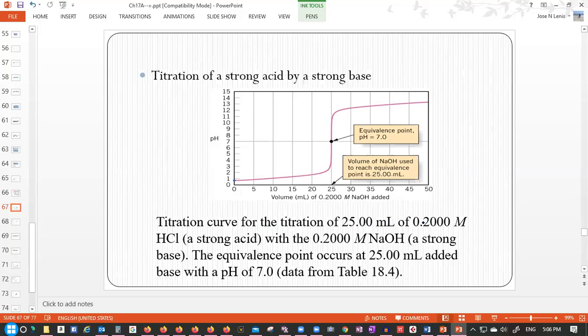So what is the pH of 0.2 molar hydrochloric acid? The initial pH, before you start the titration, will be negative log of the initial concentration of hydrochloric acid, which is 0.2, and the pH, how much is that?